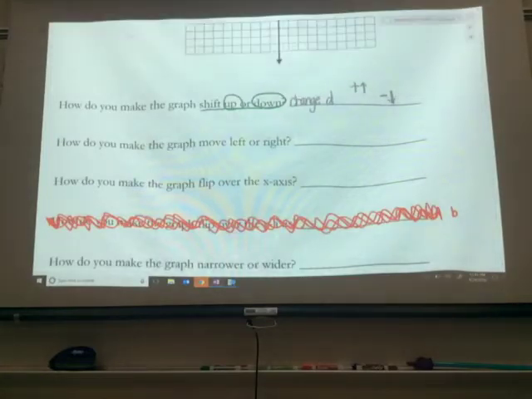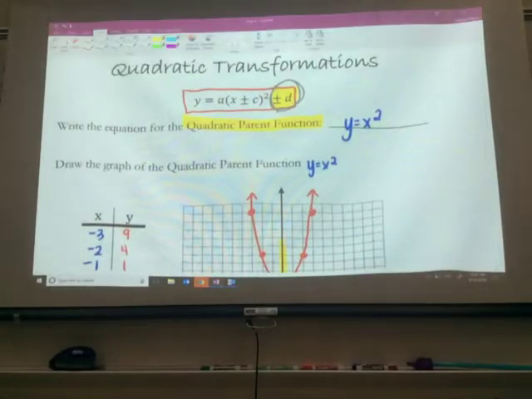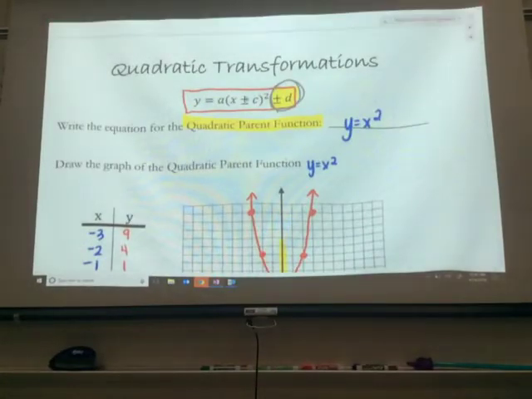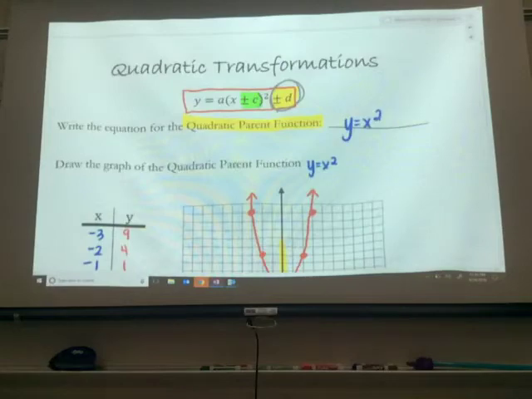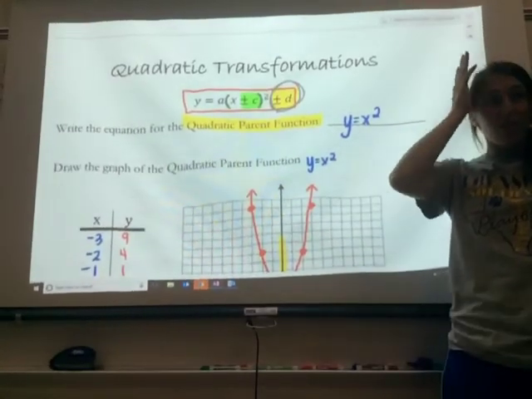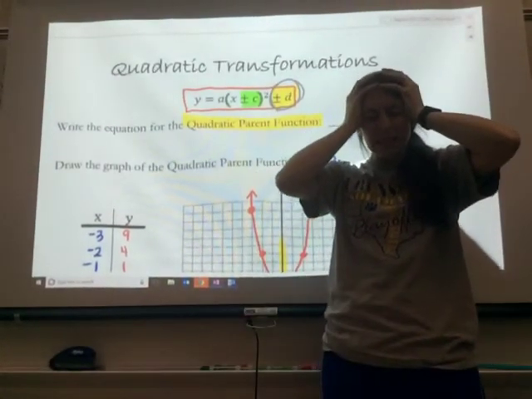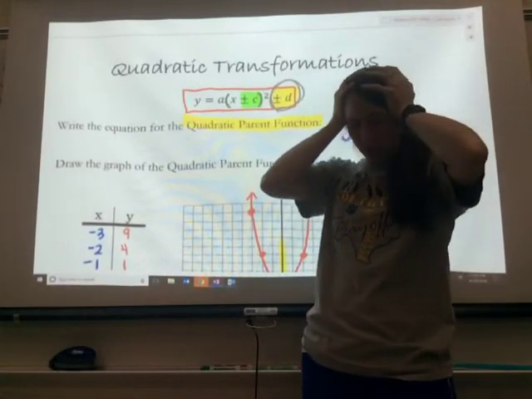Now, moving left or right, if we go back to this equation, left or right happens whenever we're not expecting it to happen. So it happens inside the parentheses. Remember, if something's in the parentheses, it's like when you grab your head. So you take your hands and you're like, oh my gosh, it's inside the parentheses. And the reason you're doing this is because it's trying to confuse you. The C tries to confuse you.